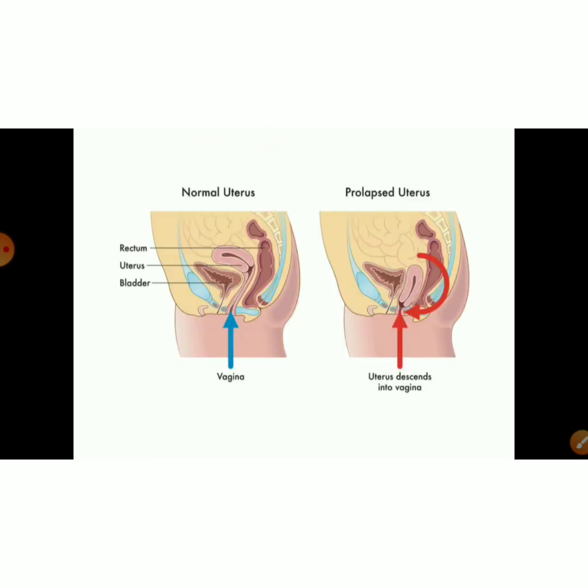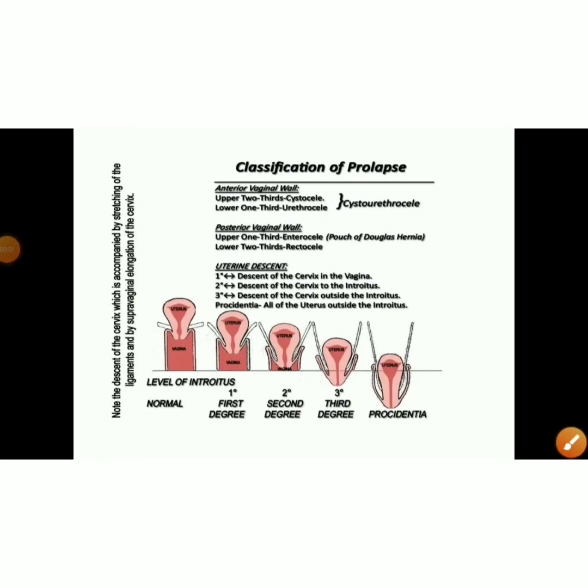Now, coming to the prolapsed uterus. Basically in the prolapse, the uterus will descend into the vagina. There are different degrees of prolapse. In the normal, you can see the uterus is placed above, right? In the first degree, it is starting to descend into the vagina.